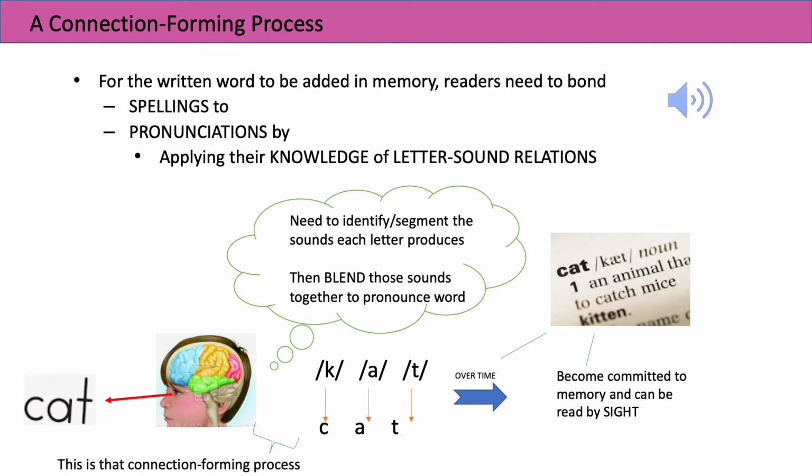With practice and over time, the written word bonds with the pronunciation and meaning of the word, and it becomes committed to memory and can be read by sight. And as you'll see in the next slide, acquisition of sight word learning ability requires that students learn regularities of the writing system, beginning with grapheme-phoneme relations, phoneme segmentation, and decoding skills.